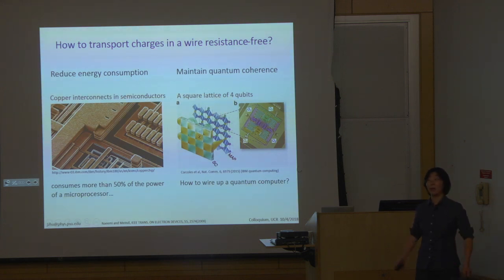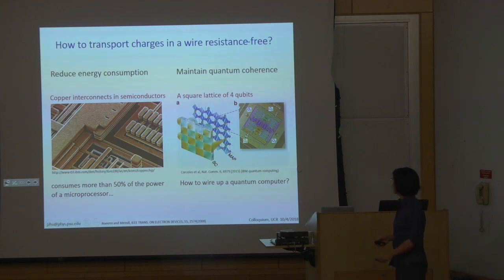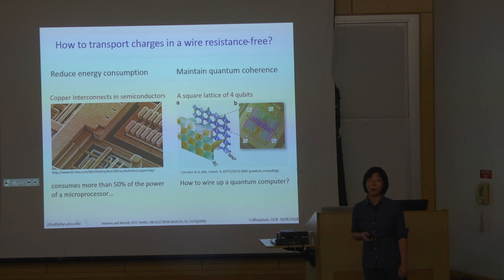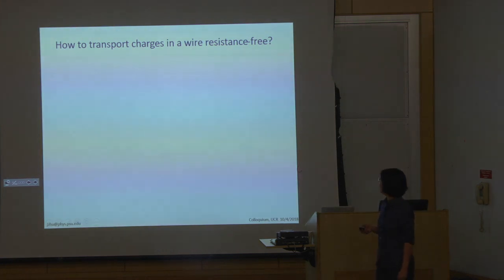Now imagine if you need to scale this up to a quantum computer with many qubits. Here it's not only a matter of energy consumption, resistance brings in also decoherence. So it's very important that we can transfer the quantum information coherently without losing it. So how do we do that?